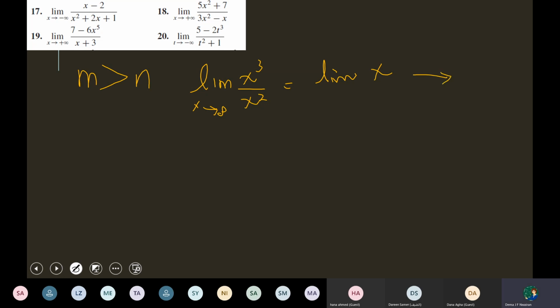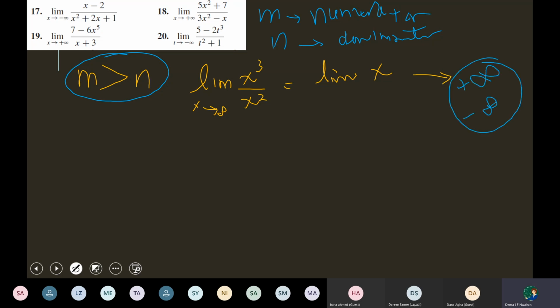So if m is greater than n, the answer must be positive or negative infinity, according to the question.